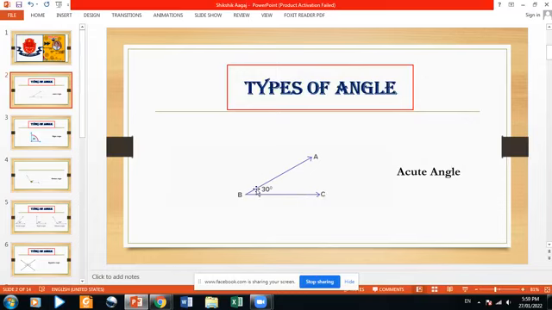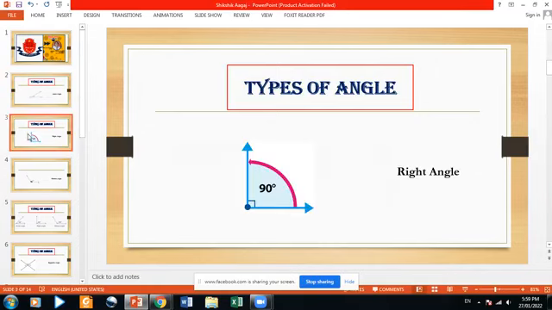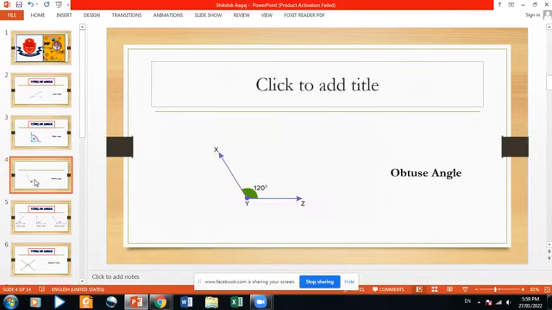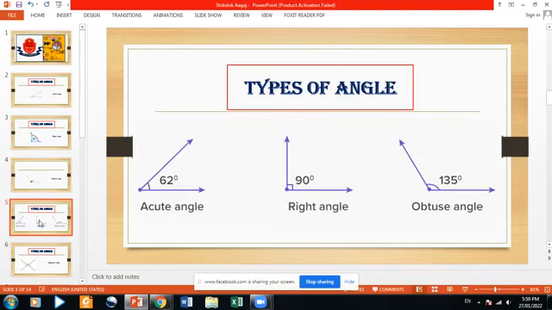We need two rays to form acute angles, two rays or two segments. Then this is a right angle, this is an obtuse angle. Here we saw the angles made by two rays, or even two segments. And here we revise what an acute angle, right angle, and obtuse angle are.